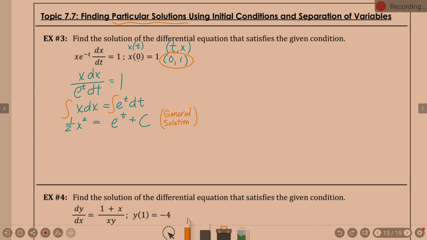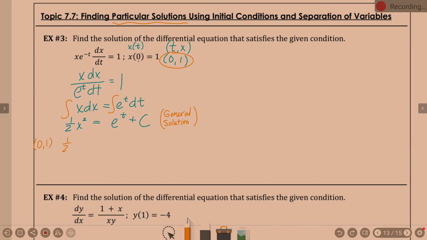So if I plug in 0, 1, 0 goes in for what? t. And the 1 is going in for x.